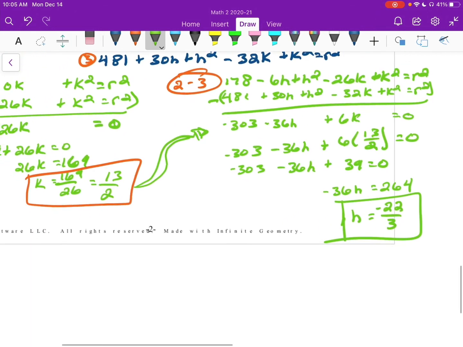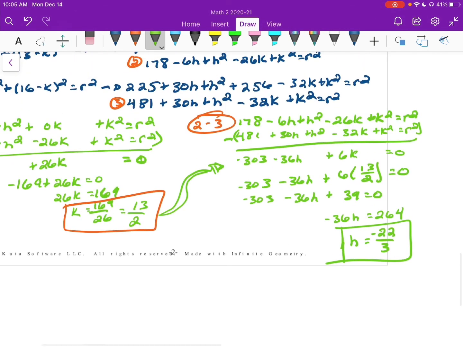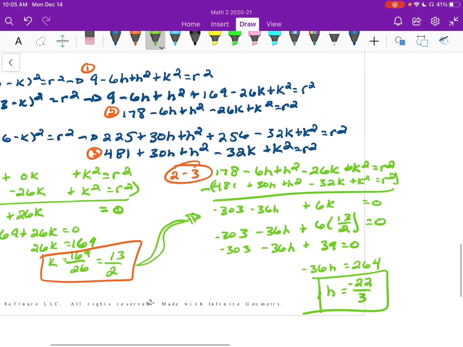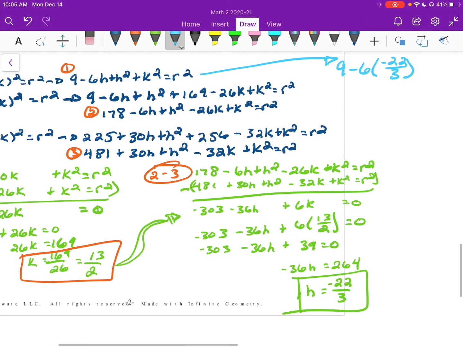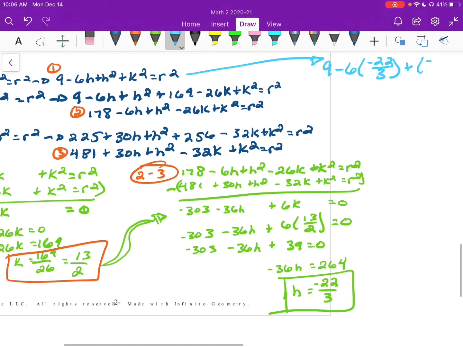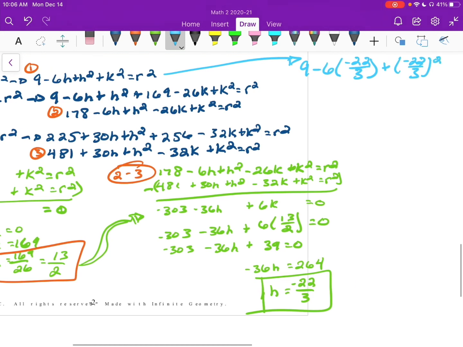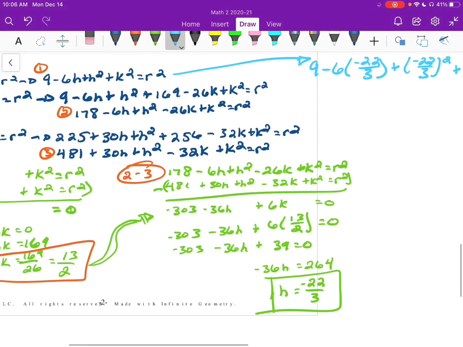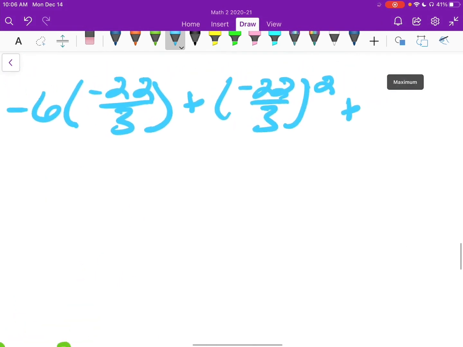There, so now we have 2 variables, and I need to plug in and find my third one. I'm going to use the top equation because it looks like it would be easiest. So I'm going to have 9 minus 6 times h, which is negative 22 over 3, plus negative 22 over 3 squared, plus k squared, which is 13 halves.